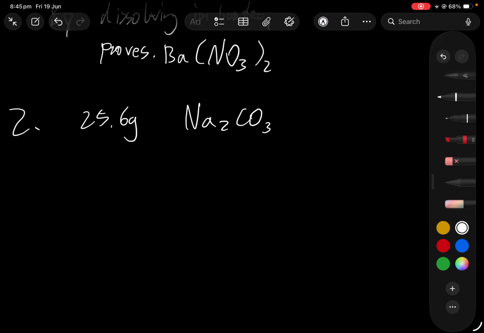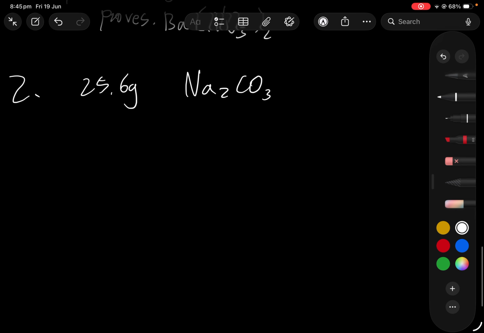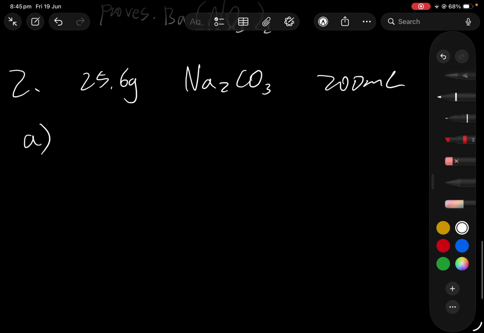There's 25.6 grams of that dissolved in 200 milliliters of water. Part A, want to calculate the concentration in moles per liter of this solution, assume no volume change.